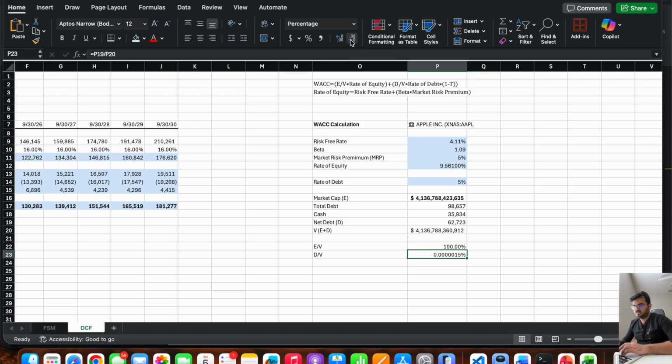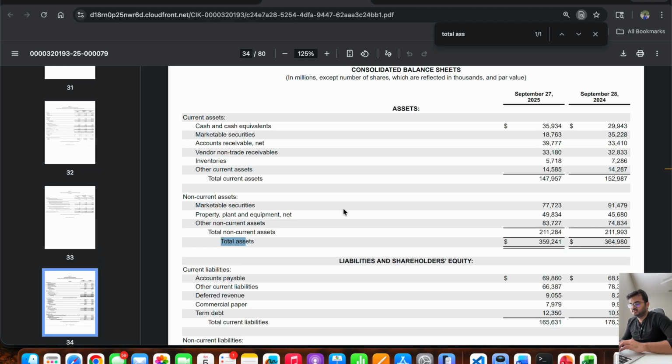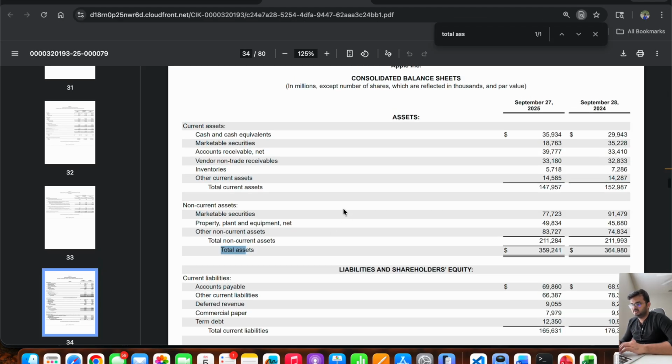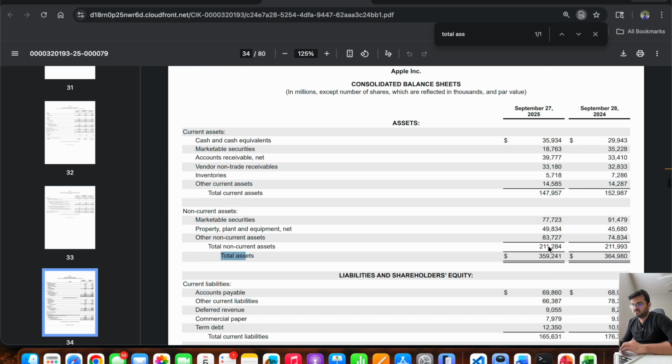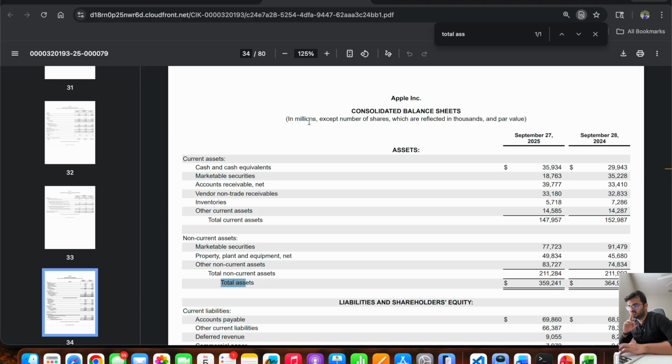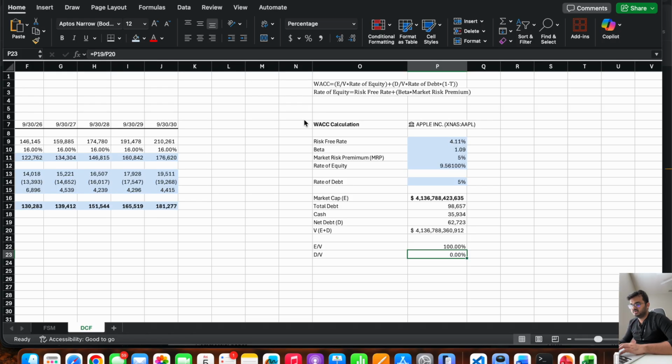Okay, I think I now know what mistake I made. If you see here, all the values which I got from this spreadsheet are in millions, whereas the market cap which we got is in trillions.